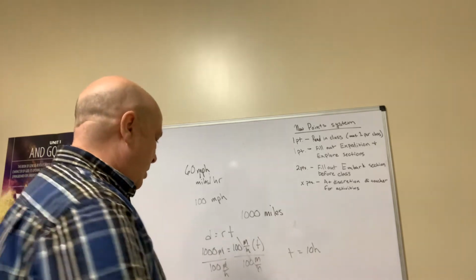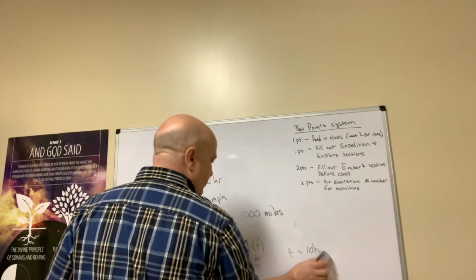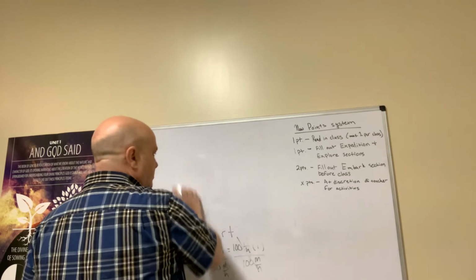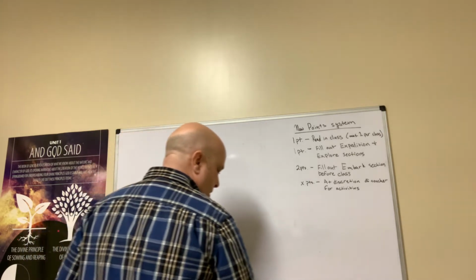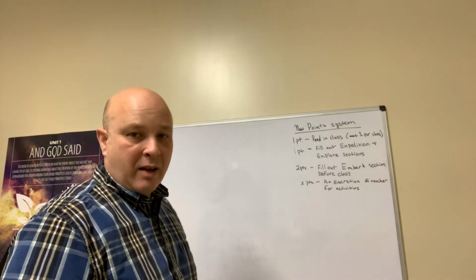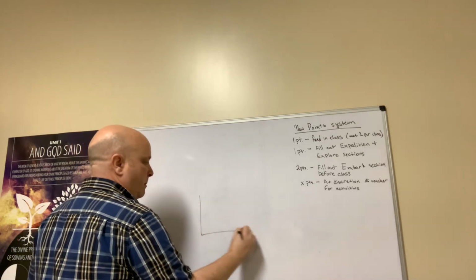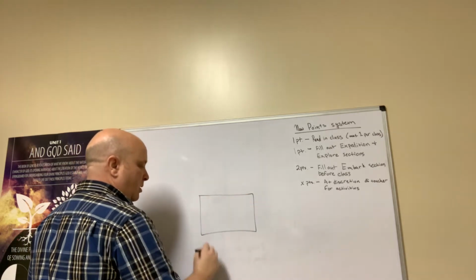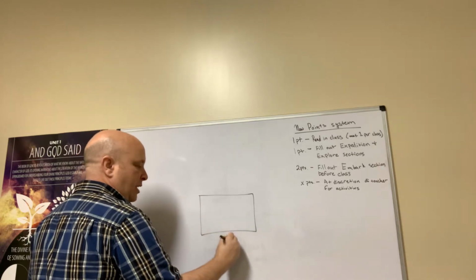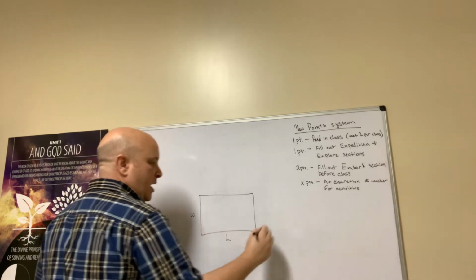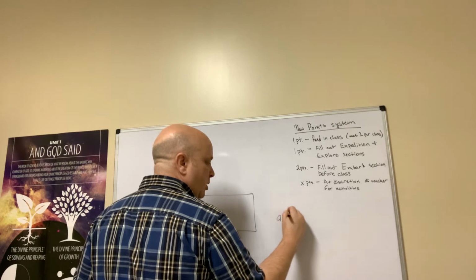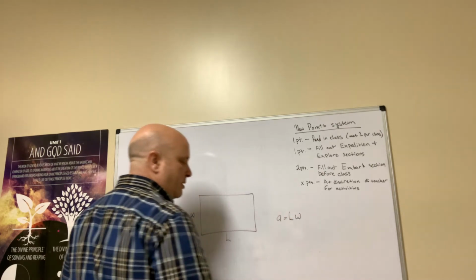The second problem on today's worksheet has to do with area of a two-dimensional object. So if you have a rectangle, we're going to call one side length and the other width, and the area is going to equal length times the width, okay?